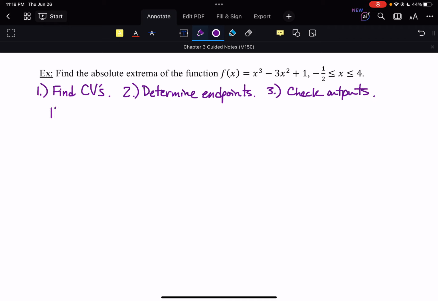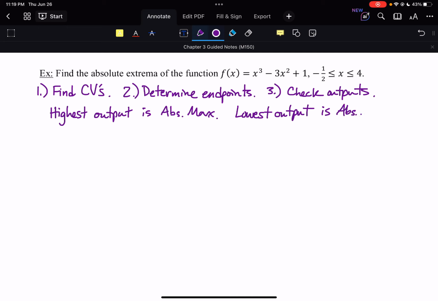The highest output we get is the absolute max. The lowest output we get is the absolute min. Again, assuming that we're working on a closed interval.